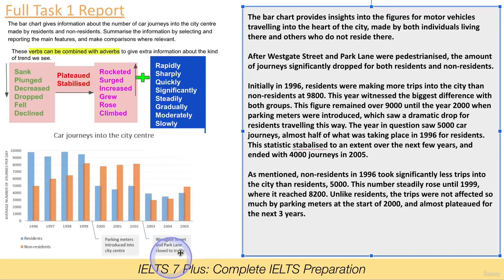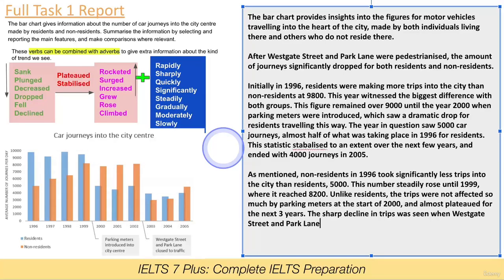So then the dramatic decrease was seen when the streets were closed. The sharp decline in trips was seen when Westgate Street and Park Lane were closed to cars, or maybe to traffic.